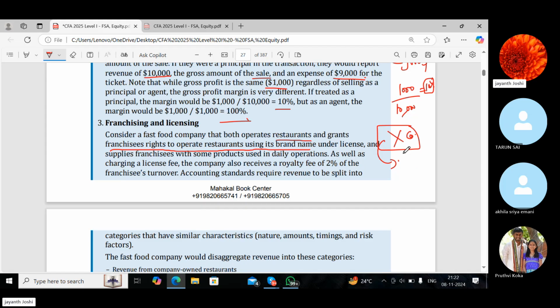If you take a brand's franchise, it will be easy for you to run the business because the customers know about this brand, so they are going to give you the franchisee rights under the license.